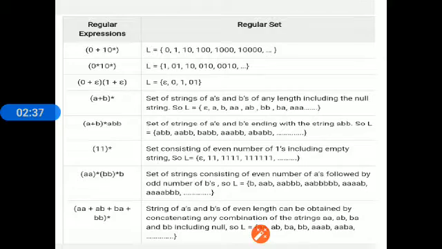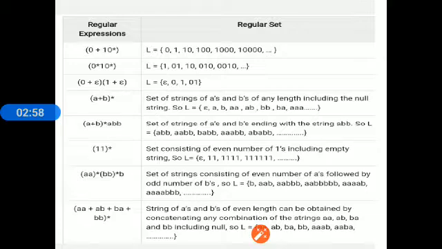Then 1 0 0, 0 occurs 2 times. Then 1 0 0 0 0, 4 times 0. This is how the strings are generated. 0 star means 0 occurs 0 times or multiple times.